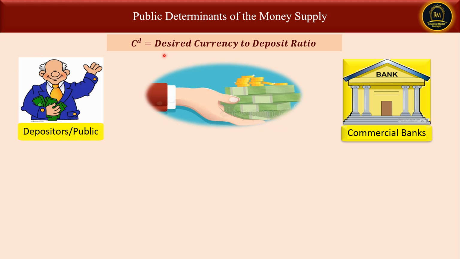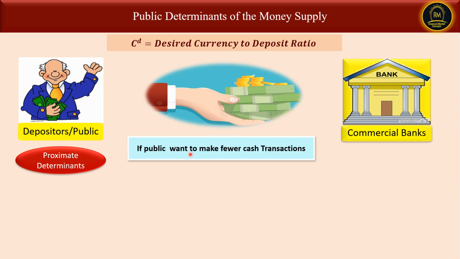So we can say that desired currency to deposit ratio is an approximate determinant of money supply. It is not an absolute determinant of money supply because it is behavioral in character. It depends upon person to person, their choice of holding currency in hand or depositing money in the bank. So if the public wants to make fewer cash transactions, they will be holding less cash in hand.